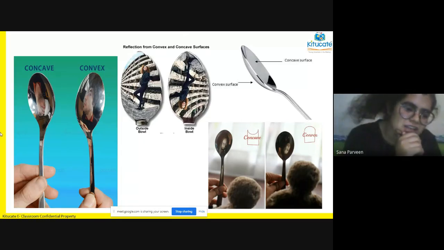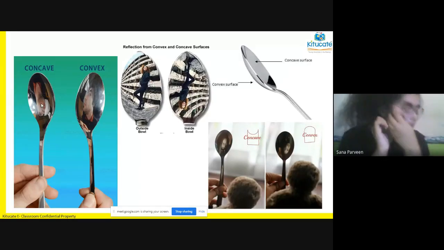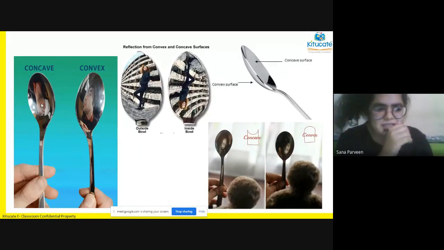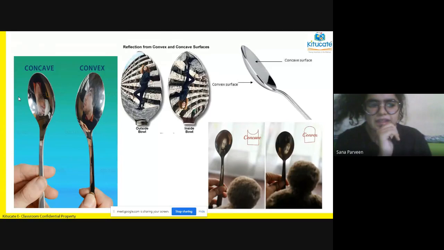And in the convex surface, you will appear normal. The way you are sitting, you will look like that only. So let us just proceed now.